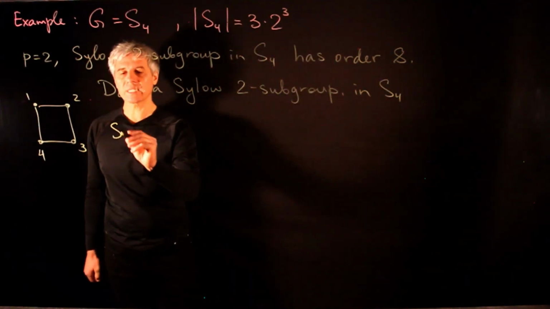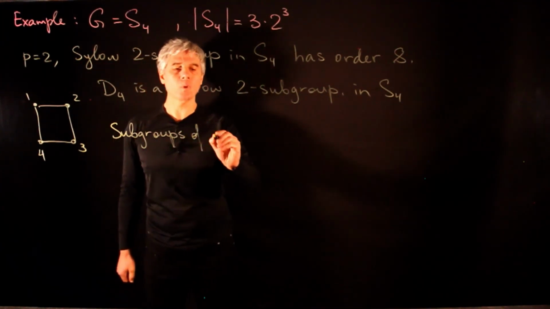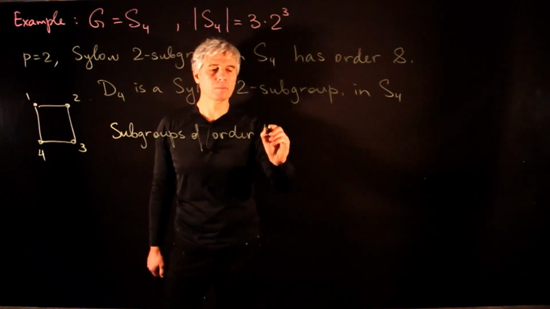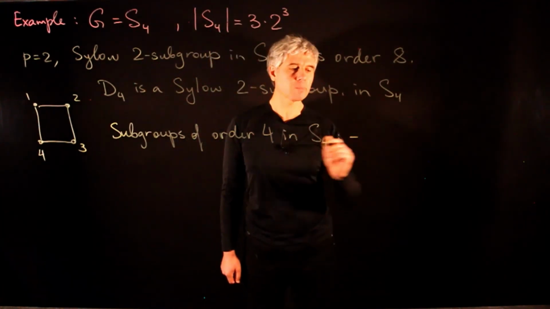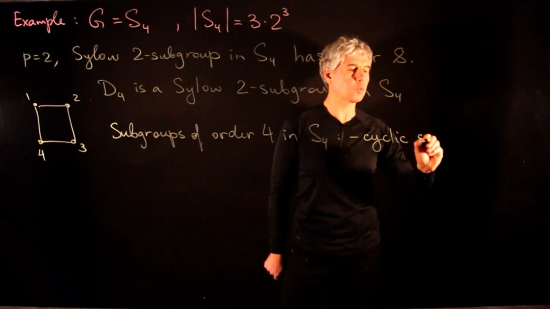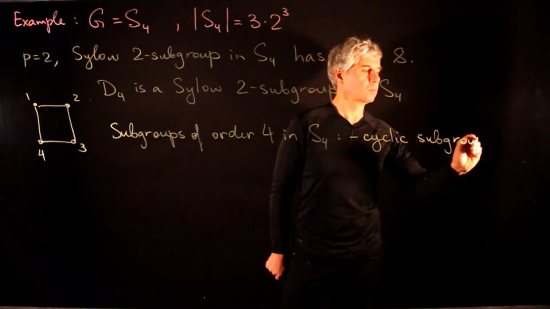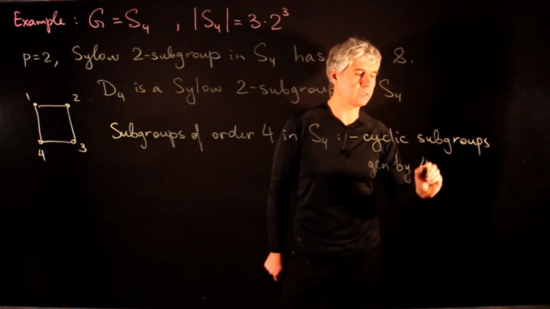Now let us look at subgroups of order 4 in S4. One class of such subgroups are cyclic subgroups generated by 4 cycles.